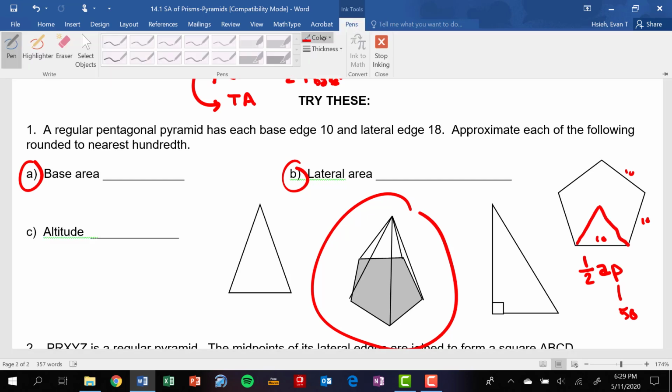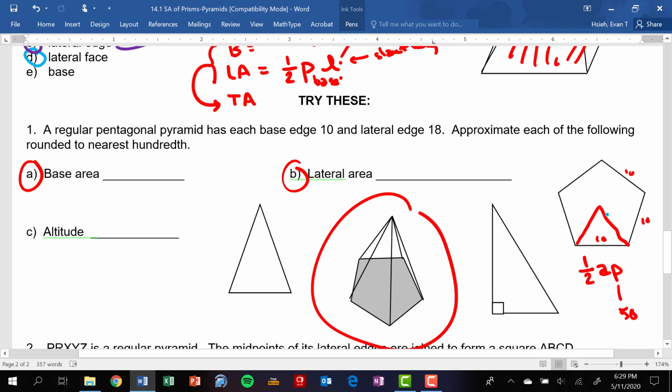And then we, of course, would need to find this altitude here. We'll need to use some trig. That apothem right there, we need to use some trigonometry to go ahead and find that. We know that if I take 360 and divide it by 5, that'll give me 72 degrees right here, which means that little angle right here is going to be 36 degrees.